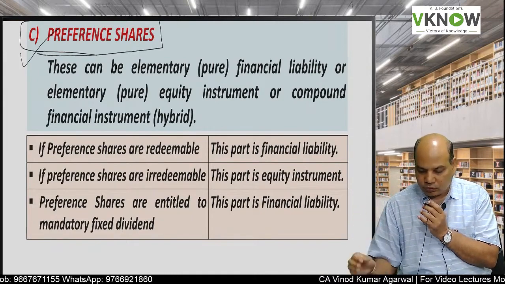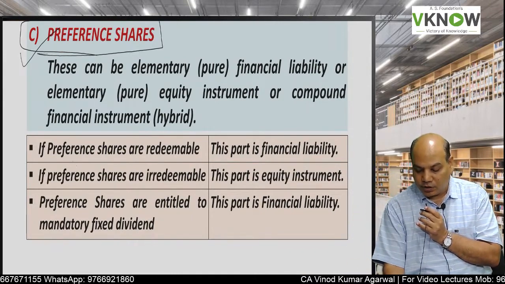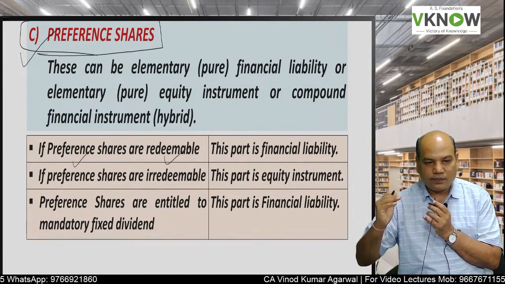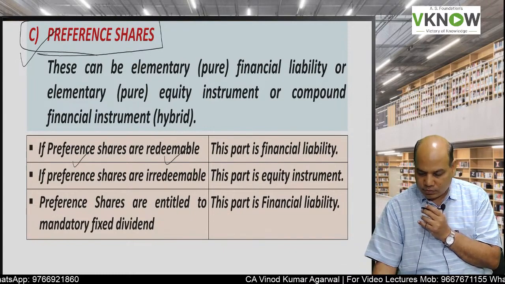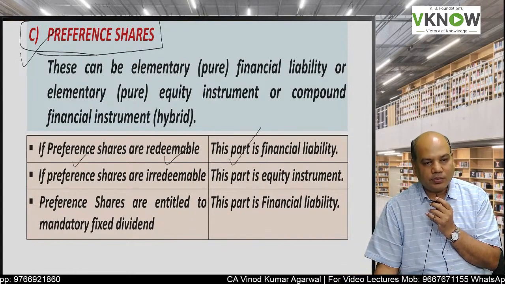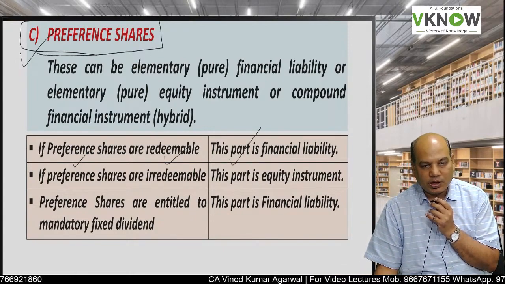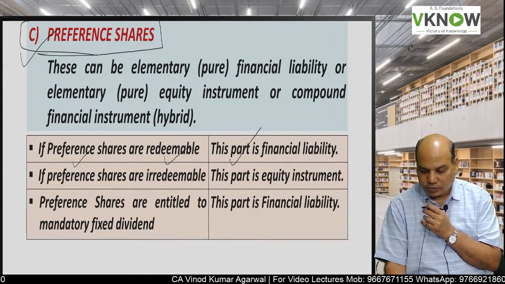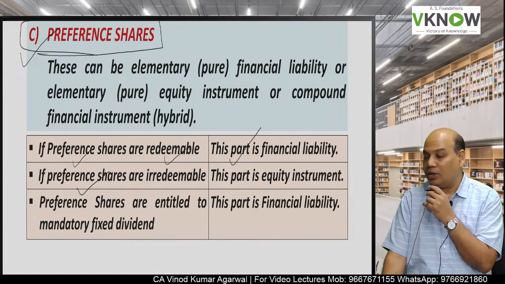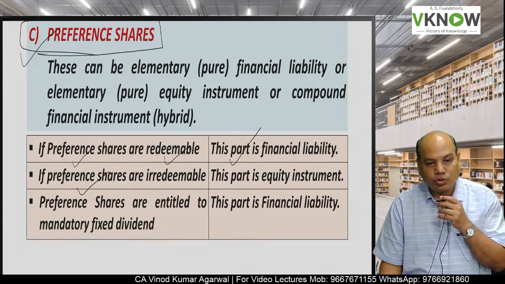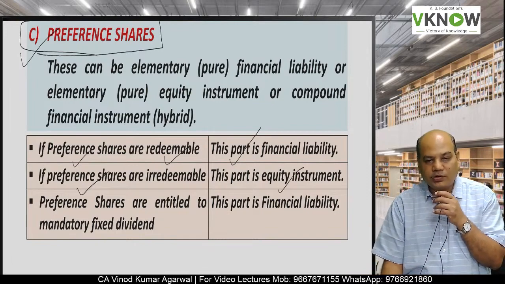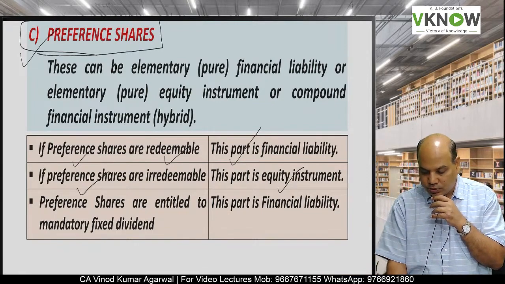If preference shares are redeemable, if the principal amount, the face value, is redeemable, then that part of the preference share will be a financial liability because there is a contractual obligation to pay cash. If preference shares are irredeemable, that means there is no contractual obligation to pay principal amount, then that part is treated as equity instrument.